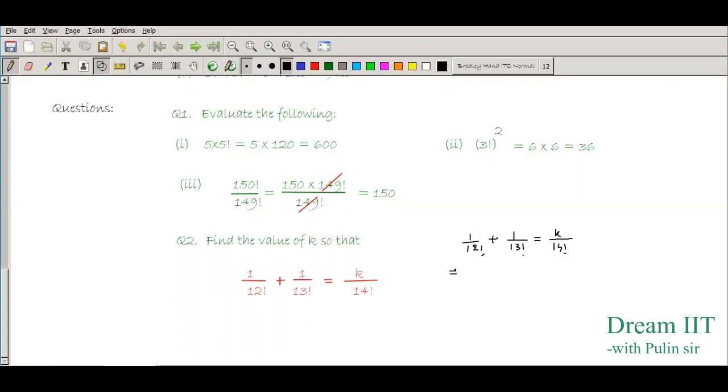Now 1 by 12 factorial is the smallest, so leave it like this. 1 by 13 factorial will be broken as 13 into 12 factorial. This will be 14 into 13 into 12 factorial. And in every place you can cancel 1 by 12 factorial because this is common.